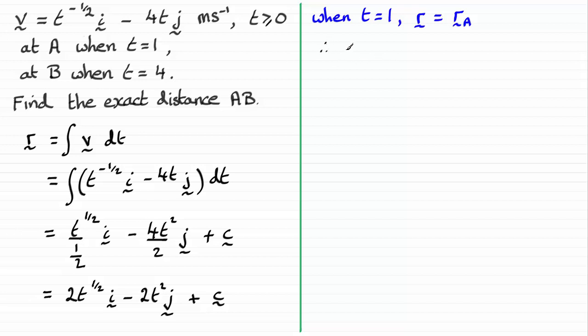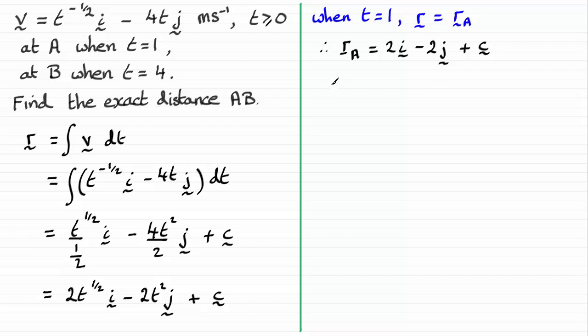So therefore, we've got RA will equal, and if we substitute the t equals 1 in here, we've got the square root of 1, which is 1, times the 2, which is 2, so you're going to get 2i there. And here you're going to get 2 times 1 squared, well, that's just going to give you minus the 2j there, and you've got your constant of integration plus c. Now I'm going to not ignore the plus c, but you'll see what happens in a moment.